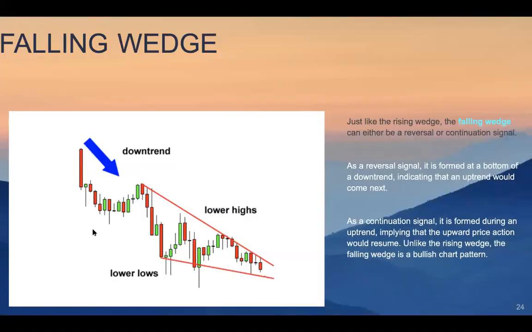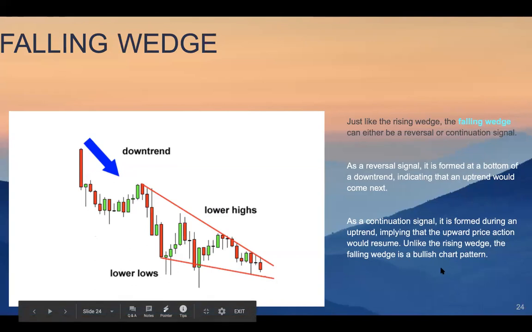Falling wedge. Just like the rising wedge, the falling wedge can either be a reversal signal or a continuation signal. As a reversal signal, it is formed at a bottom of a downtrend, indicating that an uptrend would come next. As a continuation signal, it is formed during an uptrend, implying that the upward price action would resume.